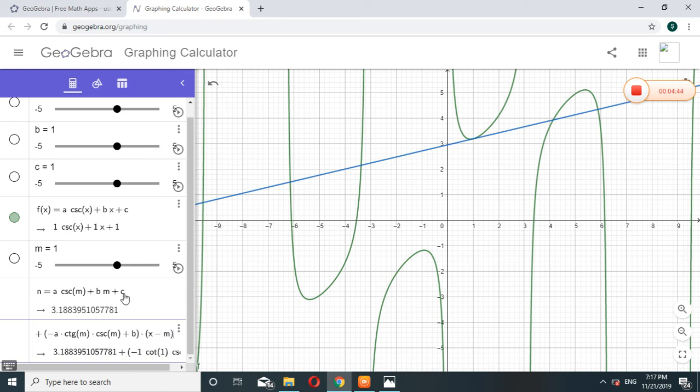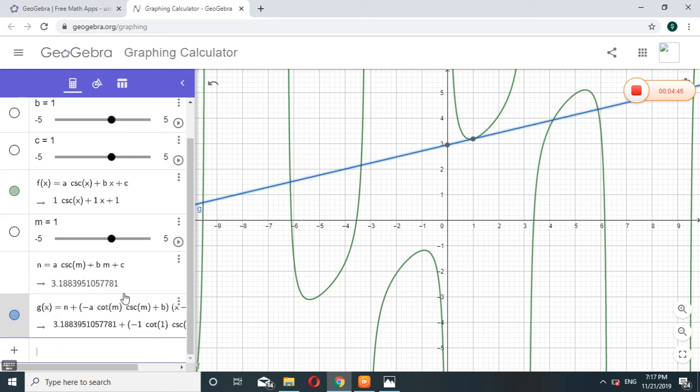Okay, it should be our tangent line. As you see, it is tangent to our function, but we'll of course play with this and change our constant numbers. But let me first write our normal line also.